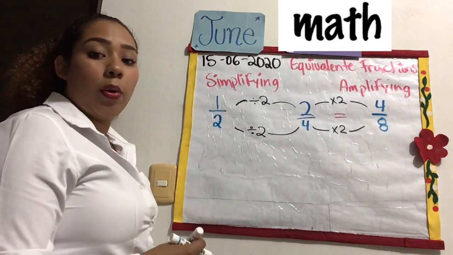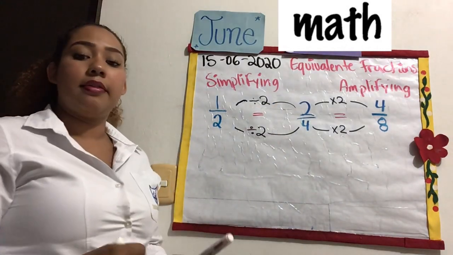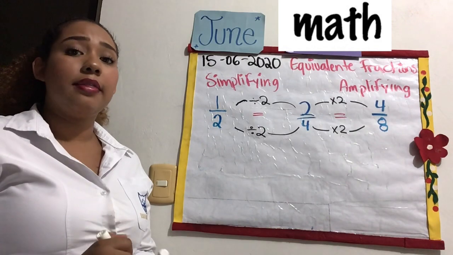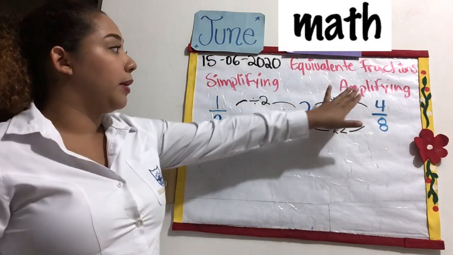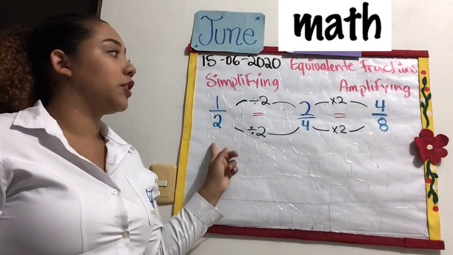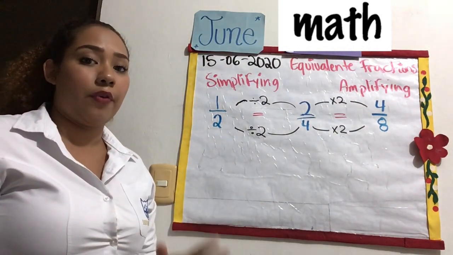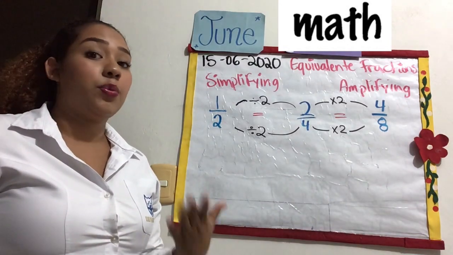And this is your equivalent fraction. You see in this problem how you can amplify and simplify, and these blue fractions that you see there are the same amount. They're equivalent fractions.